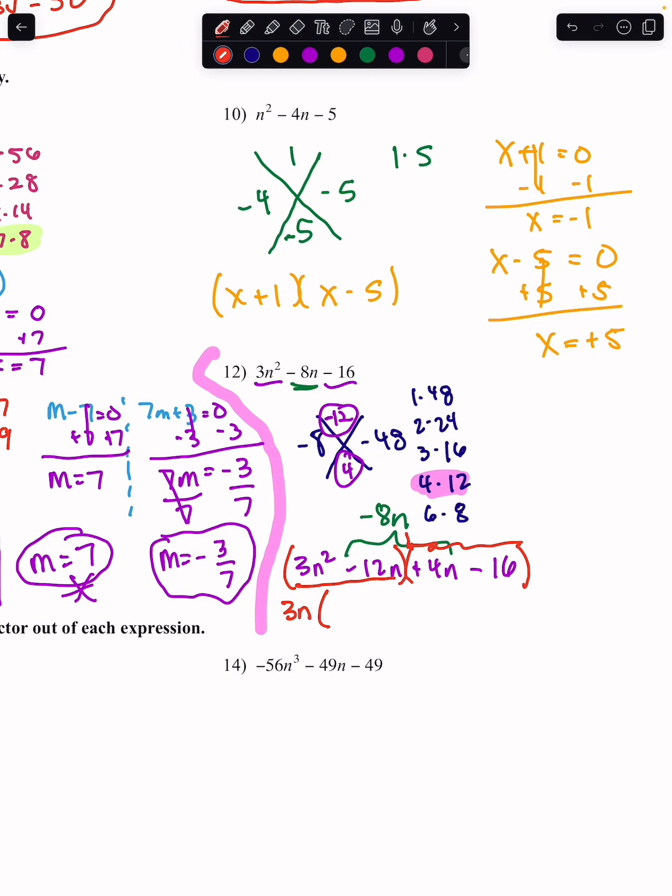When I pull out 3n, I'm left with n minus 4 because 3n times 4 is 12n. And then in the back parenthesis, so now I'm looking over here, what is the greatest common factor of that parenthesis? And the answer is 4. And when I pull out 4, I'm left with n minus 4.